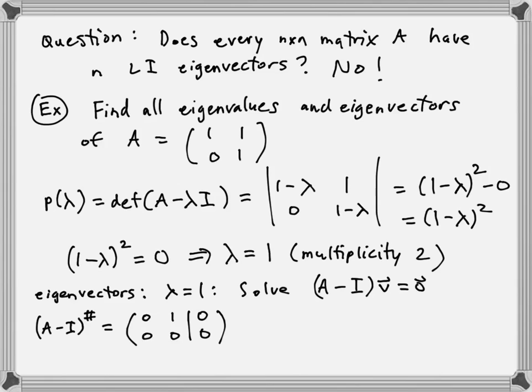How many free variables do we have? We just have one free variable, which is x1. So this means that x1 is t and x2 is 0. So what do we end up with then? We get t, 0, which is the same as t times 1, 0.